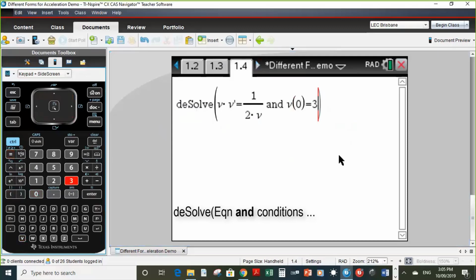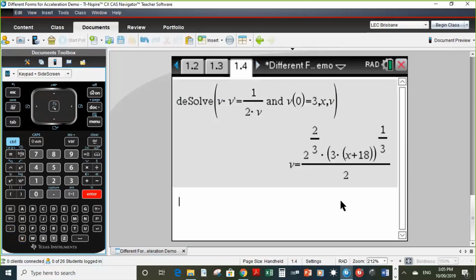So that's saying that when x is equal to 0, v equals 3. Then a comma, then the independent variable, which in this instance is x, comma, and then the dependent variable, which in this instance is v, and we press enter, and that gives us the solution to the differential equation.